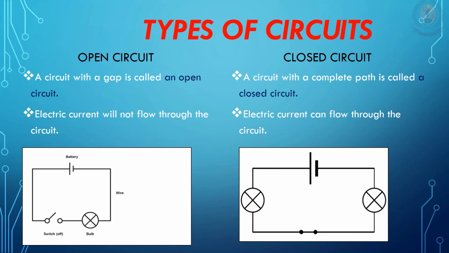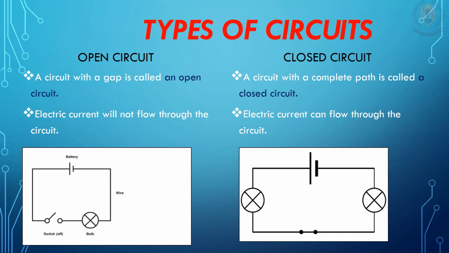So, what is an open circuit? A circuit with a gap is called an open circuit. Electric current will not flow through the open circuit. The next type of circuit is the closed circuit.